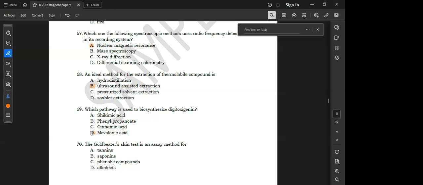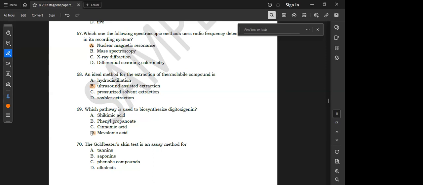Shikimic is the one for phenolics, like flavonoids. Mevalonic acid is for steroidal compounds and cholesterol. I think carotenoids, they're even terpenes, yeah. Terpenes are also from mevalonic acid.